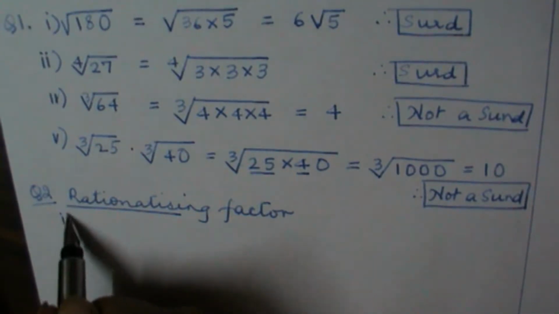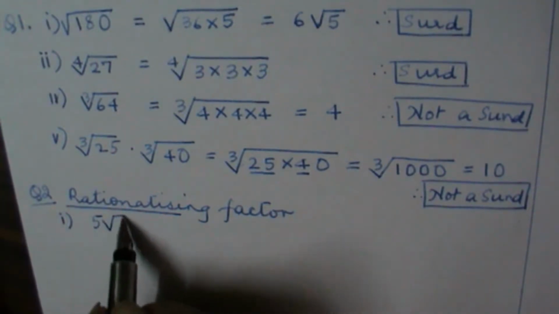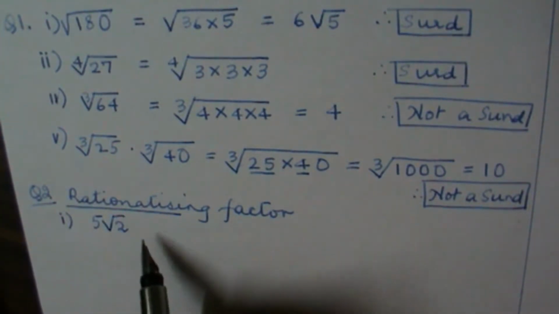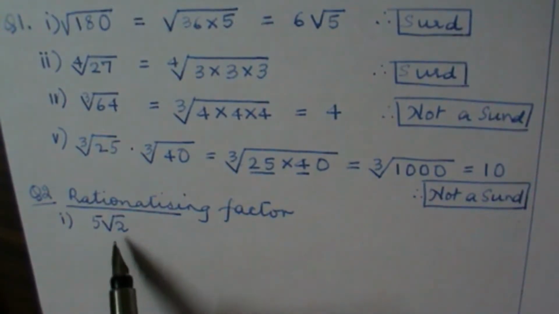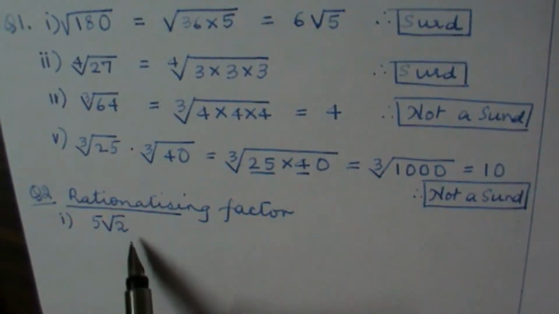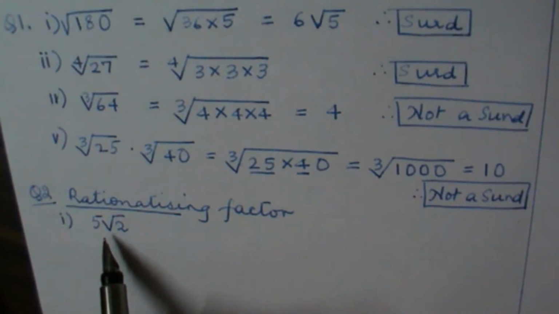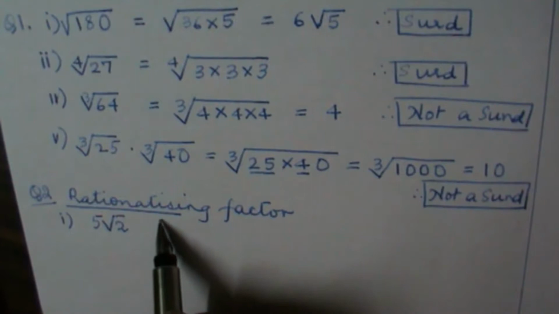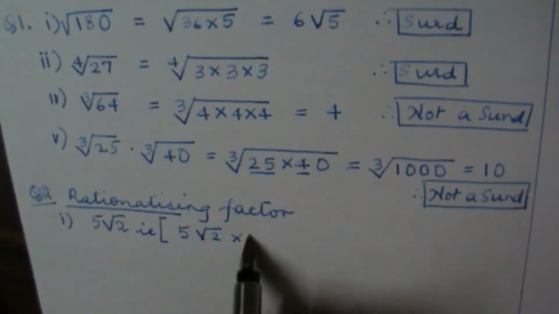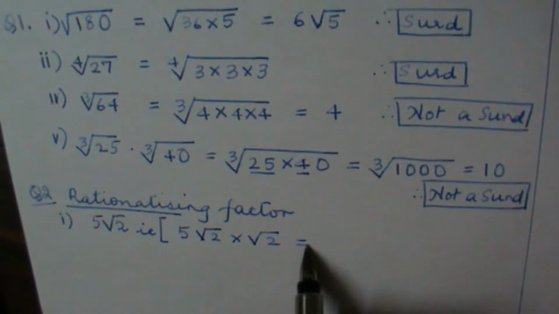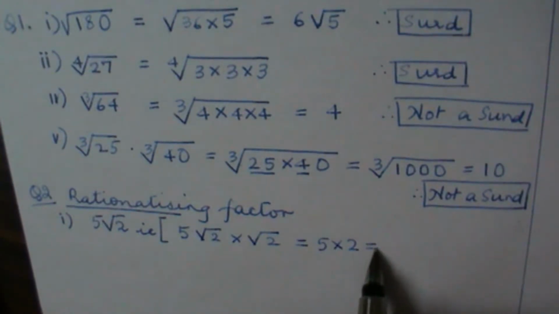So in that, the first one is 5 root 2. Now, if I take 5 root 2, I can see 5 is a rational number, so I'm safe. Root 2 is an irrational number, and so root 2 will be multiplied by another root 2. And so, in my thinking step, I will say 5 root 2 multiplied by root 2, and that will give me 5 into 2, which is 10, which is a rational number.